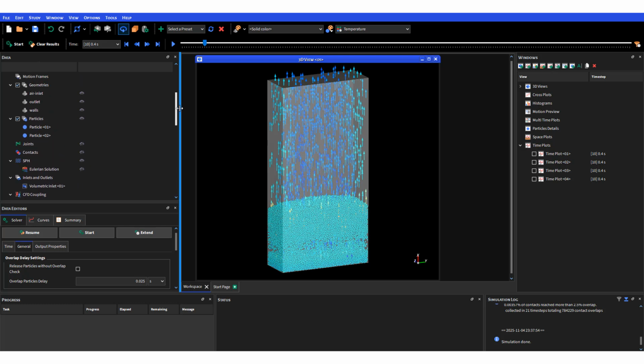Once we start the simulation, what will happen is Rocky and Fluent are going to run at the same time. You're going to have a Fluent window popping up depending on what kind of argument you used for this two-way coupling, and then you're going to be able to see the Fluent results in its console.